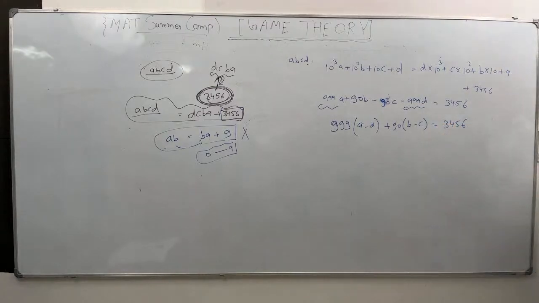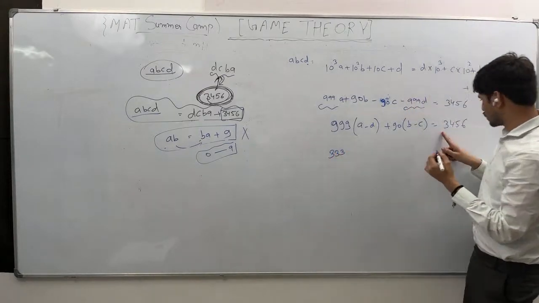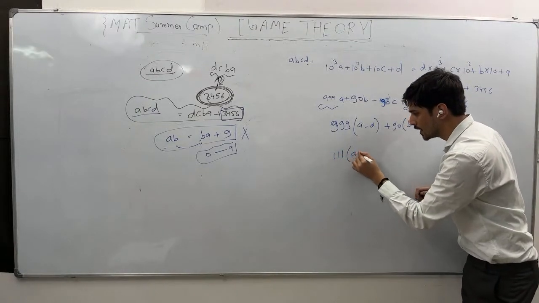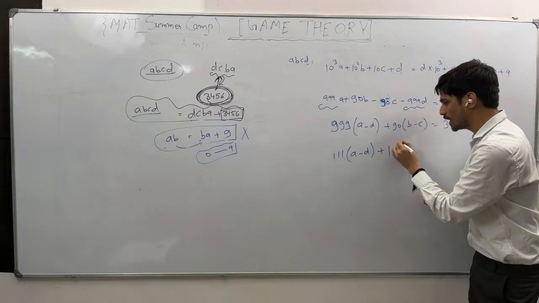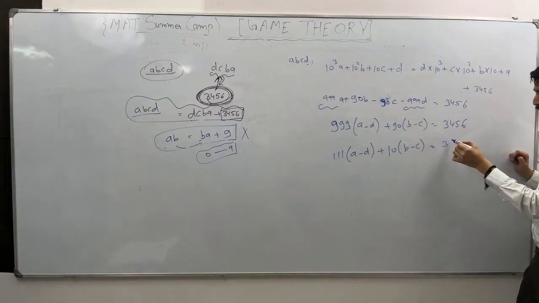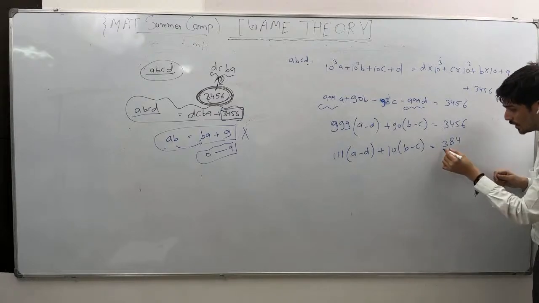First of all you cancel, I think 7, 12 and 18, this is divisible by 3, so you'll divide by 3. 7, 5, 12, 9. Okay, you divide by 9. Then what happens? 111 times A minus D plus 10 times B minus C equal to, so what is the answer? 384. Okay, now you see, you have got 384 here.